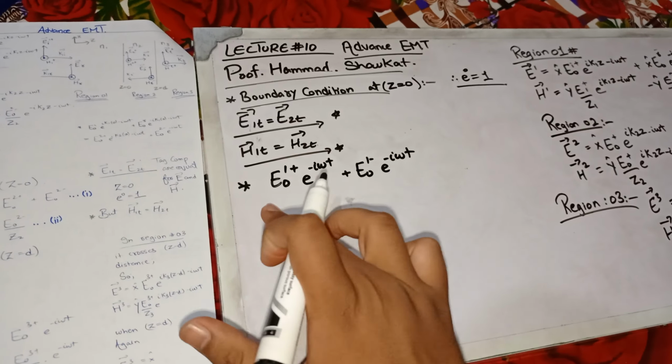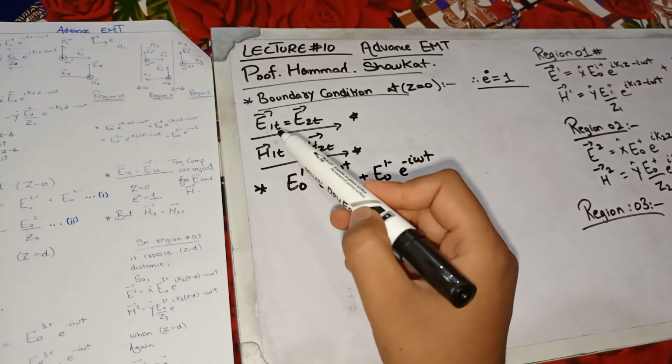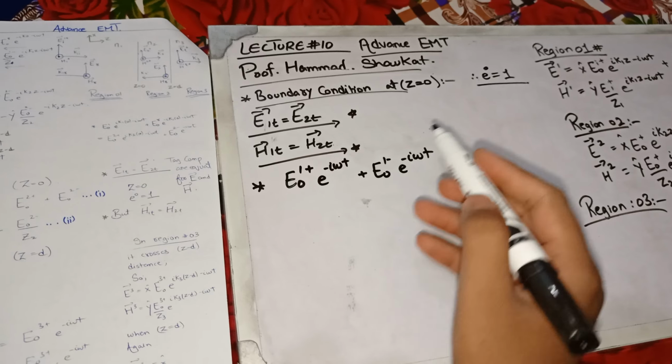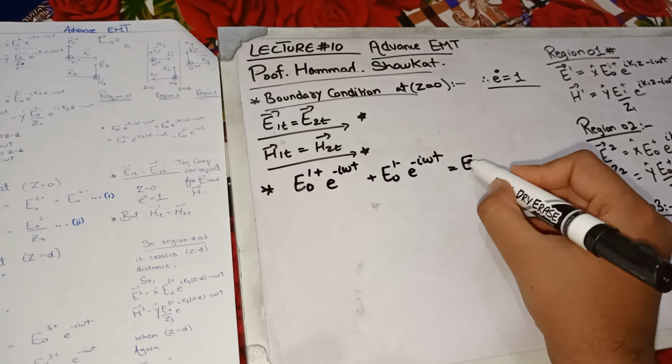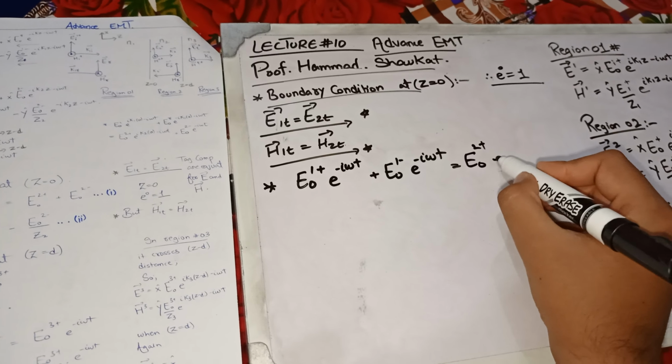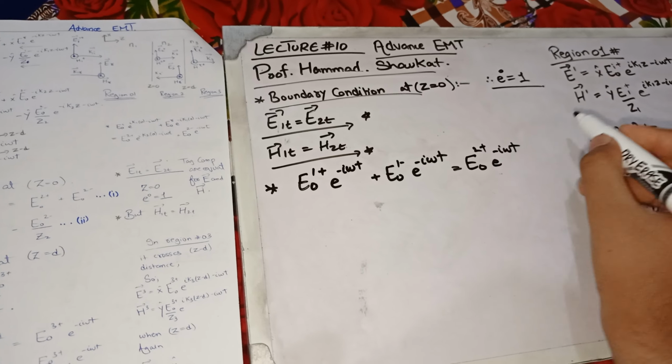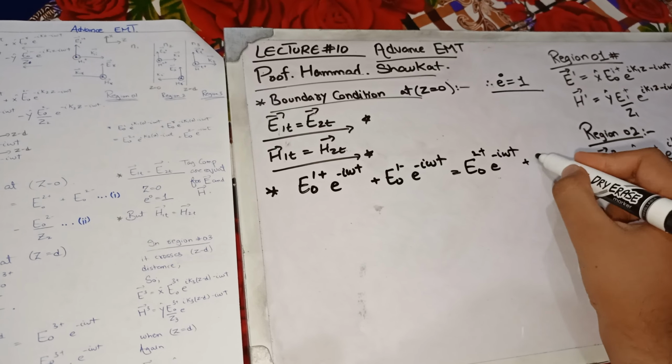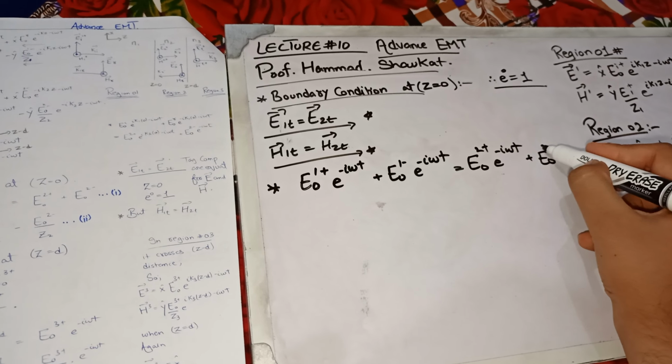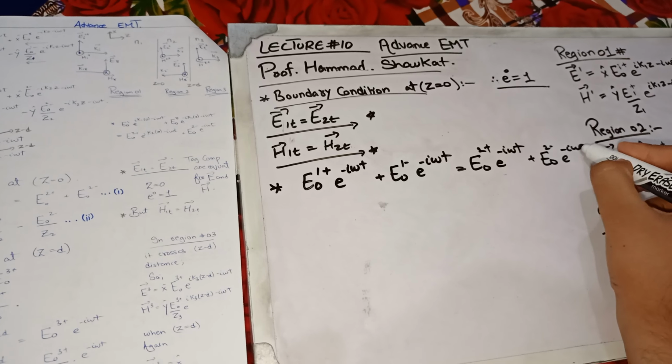This is for the first case, because you know that tangential E1t equals E2t. So this becomes equal to e naught 2 plus e power minus iota omega t, similarly e naught 2 minus e power minus iota omega t.